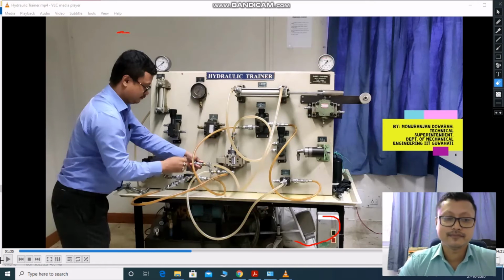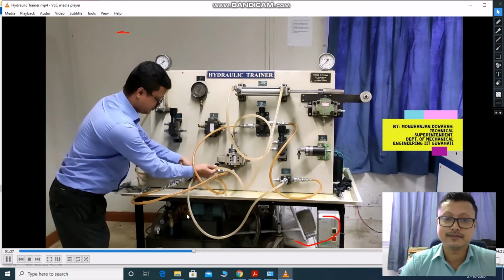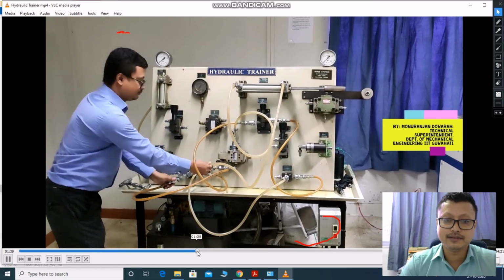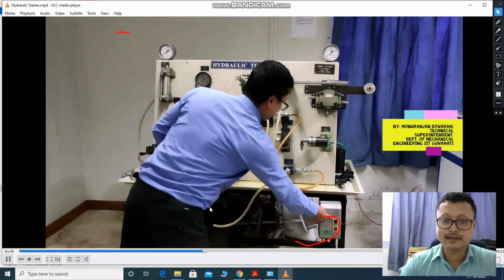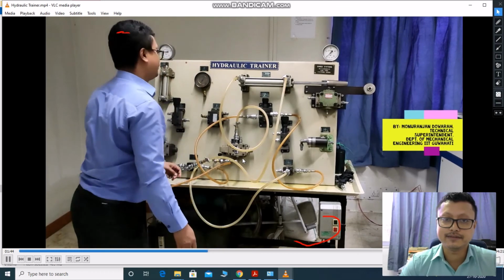Okay, so the next circuit will be the 4/2 directional control valve with double acting cylinder. Once again I am going to show this regenerative circuit.